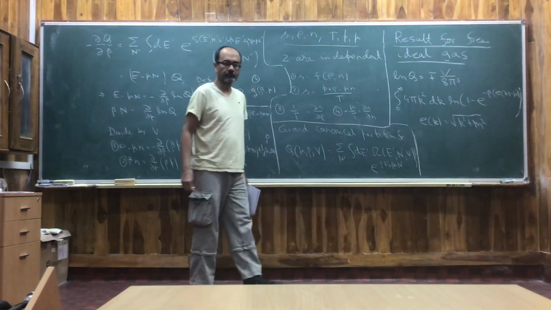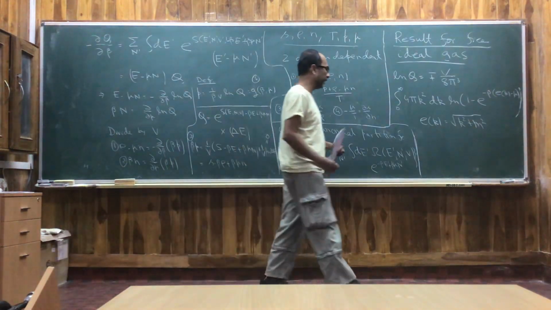So e of k is basically the energy of a free particle of mass m carrying momentum k.